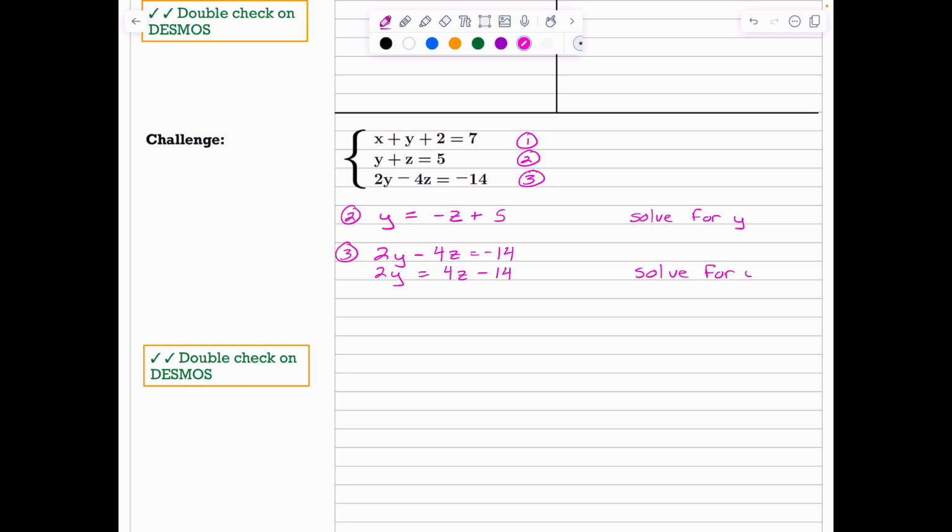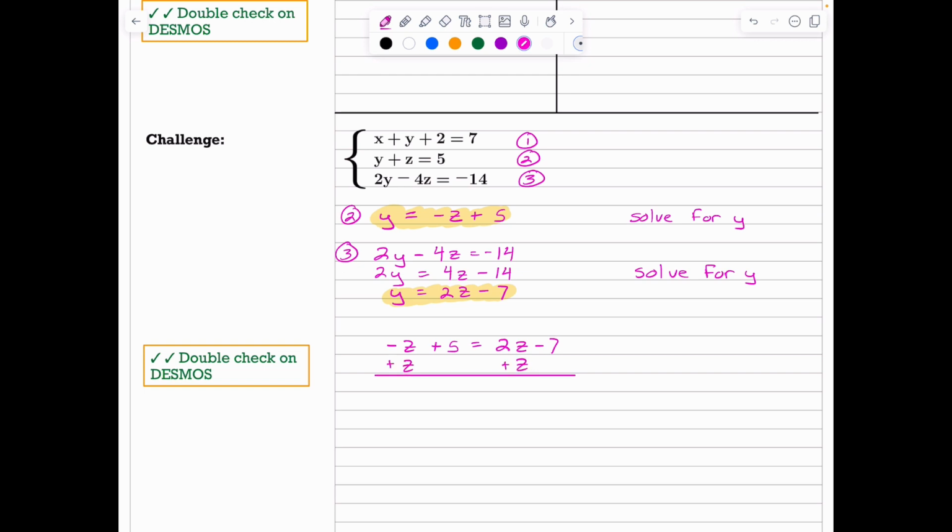Solving for y. Divide everything by 2. Okay, so now I have y is equal to this, and y is equal to that, and I'm going to put this and that together. Add z to both sides.